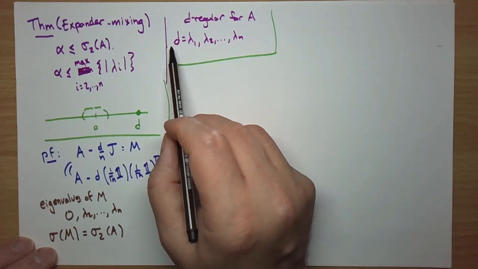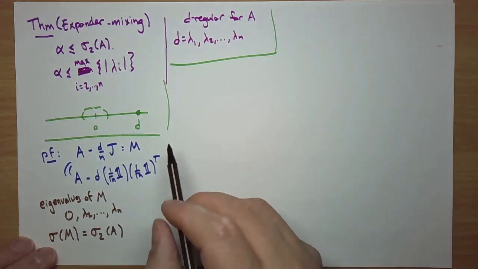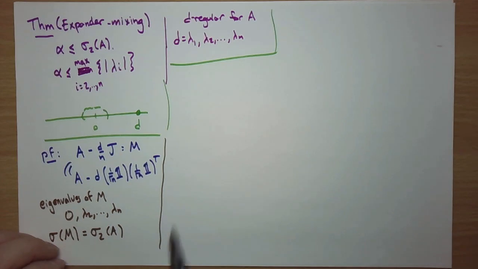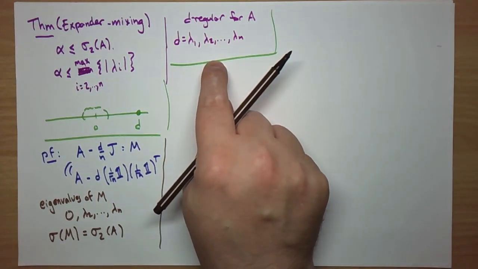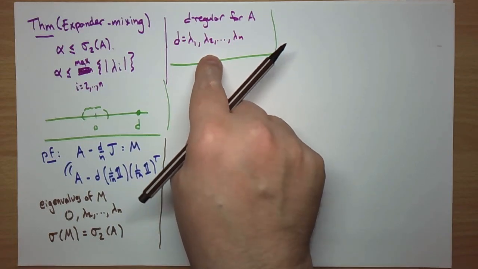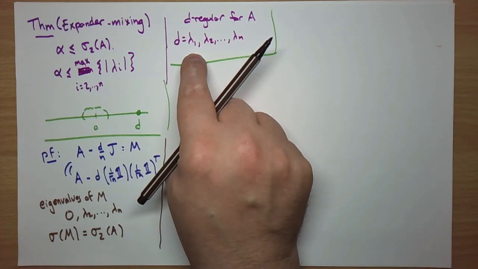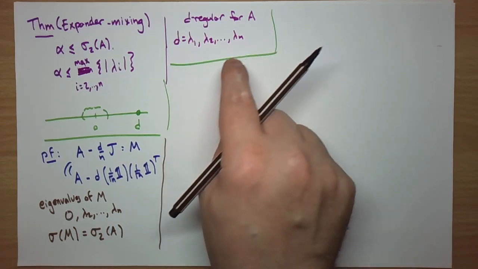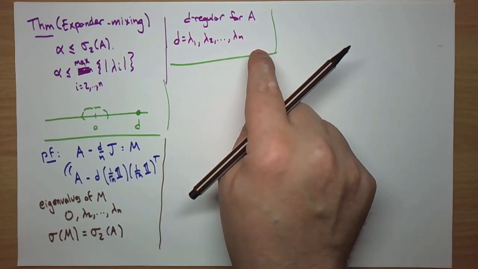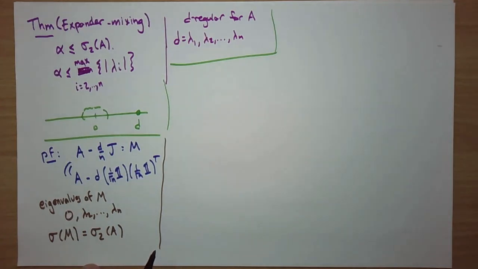And what's true about our eigenvalue d for the matrix A? Since our graph is d-regular, d is the largest. So essentially we took our largest and moved it to 0. Now I have to take the largest of what's left, which would be the second largest. That's why there's a sigma 2 of A. And now things are coming together.